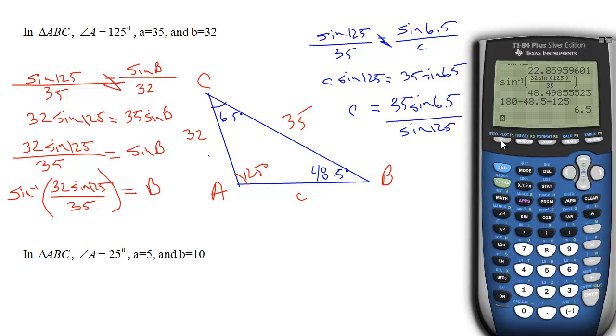And we'll get C is equal to 35 times the sine of 6.5 degrees over the sine of 125. And we get approximately 4.83. And we'll round that to 4.84. And looking around, that makes sense. Largest side, largest angle. The next, smallest, smallest.